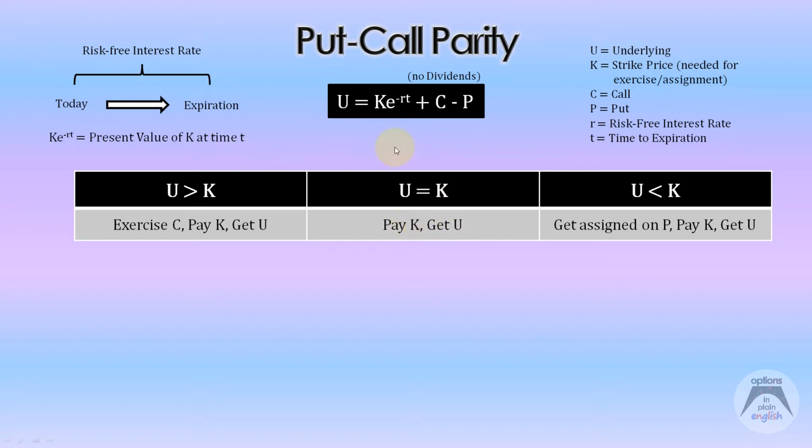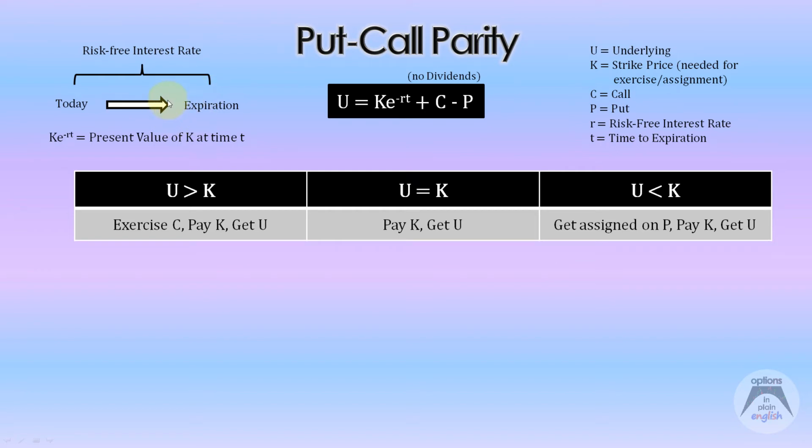Now, the value of the strike price has to be discounted back to the time that you have between now and expiration, because this money that you have to put aside, if you need $100 at expiration, you would need, let's say, 99 prior to expiration, because those 99 could be earning interest so that they become $100 at expiration.